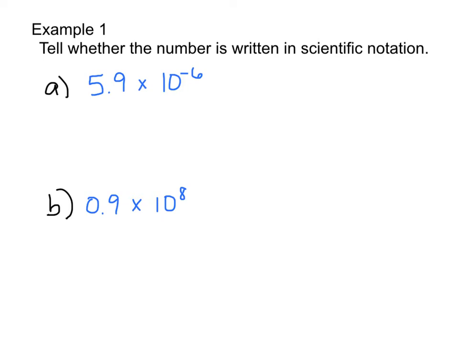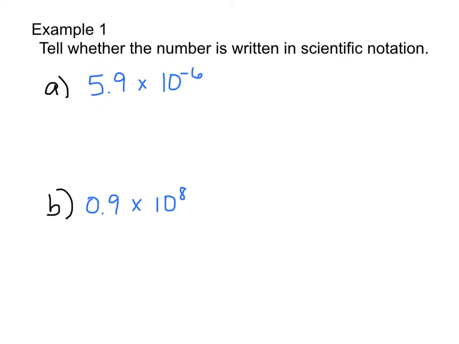In our first example, we're just going to identify whether or not the number is written in scientific notation. So example 1, tell whether the number is written in scientific notation, and then I want you to explain. In part A, we have 5.9 times 10 to the power of -6.